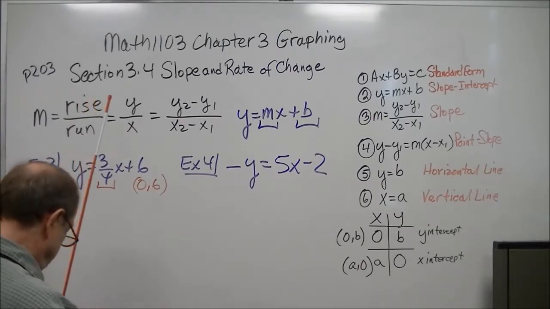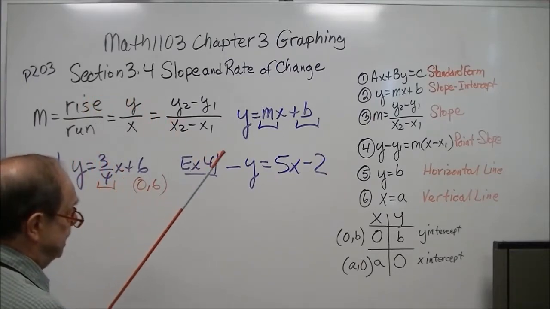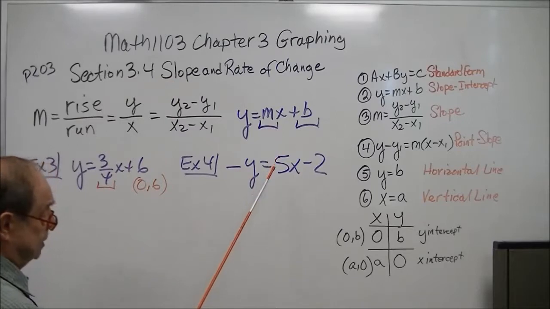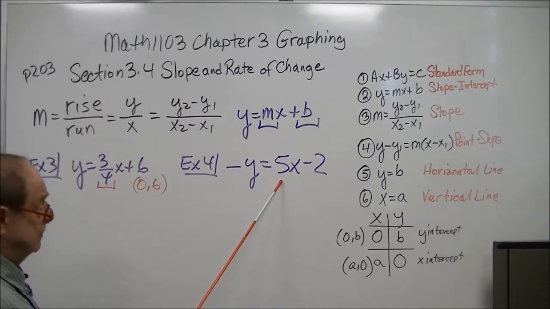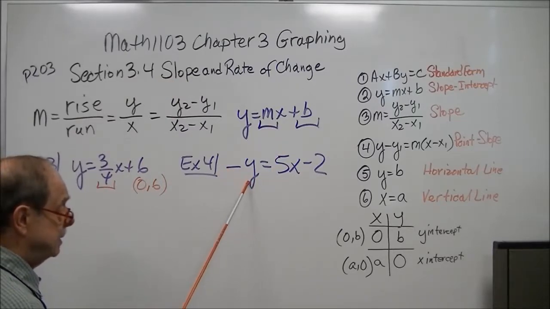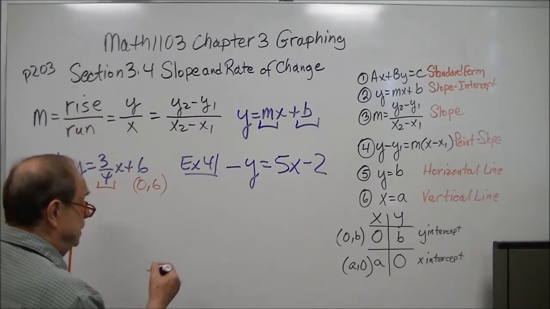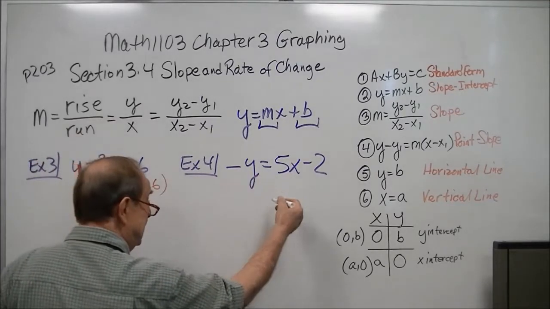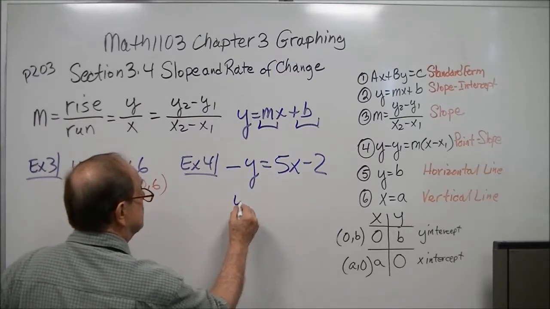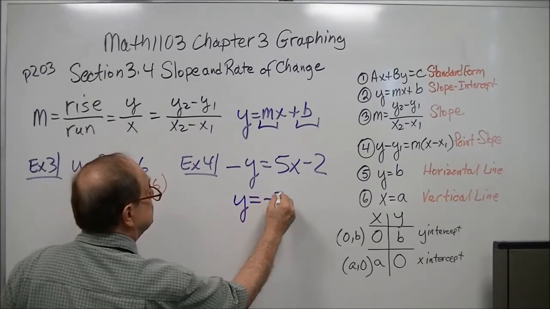Now, for example 4, as we look at it, you might say, oh, our slope is 5. No, that's not. Because this is a negative y. We have to have y as positive. So I'm going to divide everything by a -1. That just reverses all the signs.